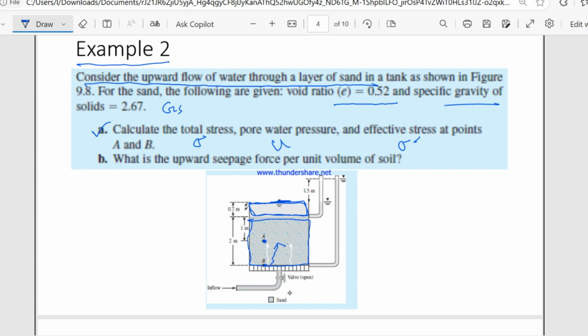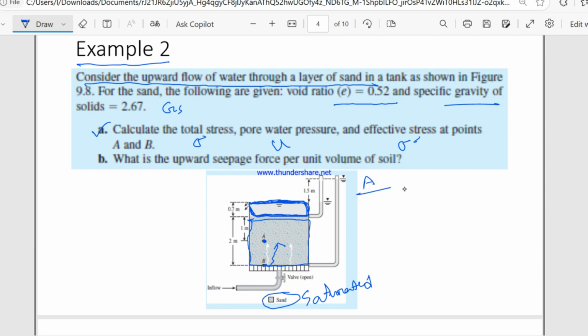This layer is a saturated sand layer, and this layer has only water. So calculate the total stress for point A.